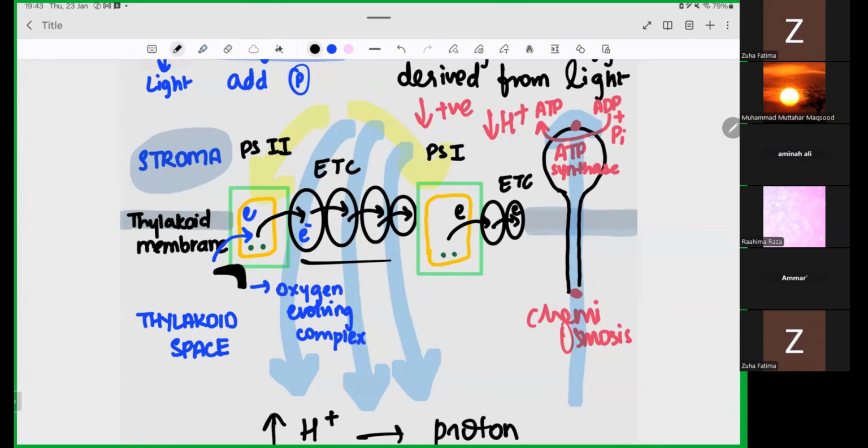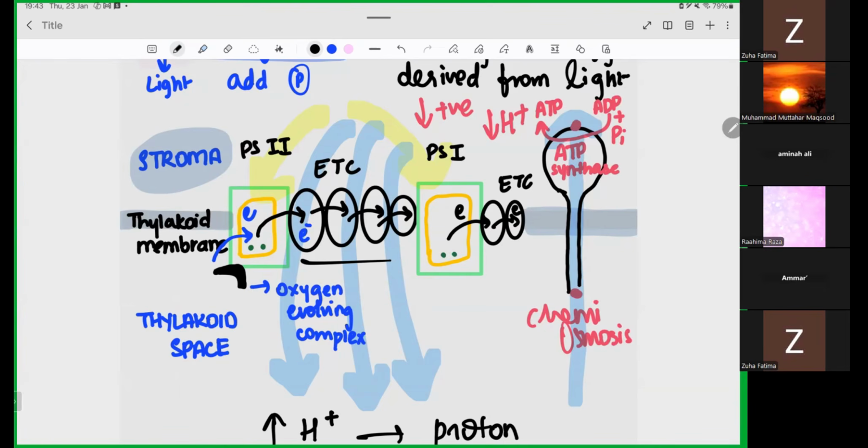For example, if you have a glass of water and you put it under light, the water will not split or start producing oxygen. There has to be a certain condition or an enzyme to trigger that photolysis to take place. So just under the light, if you place water, oxygen will not evolve.